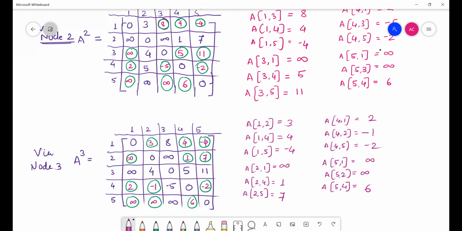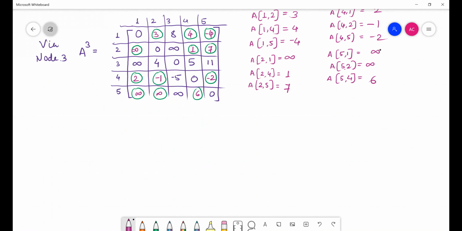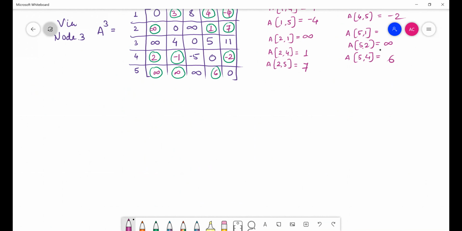Now, similarly, we'll calculate A4 and A5 also. So now I'm writing the final solution. You can compare it later. So via node 4, that means for node 4, 1, 2, 3, 4, 5.